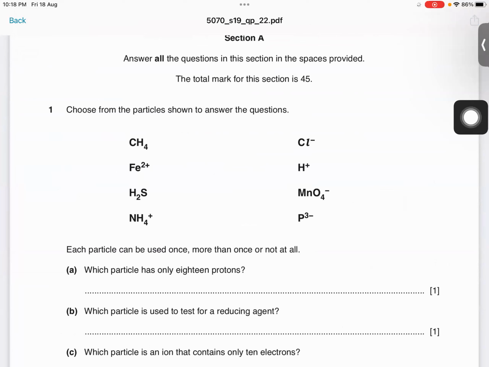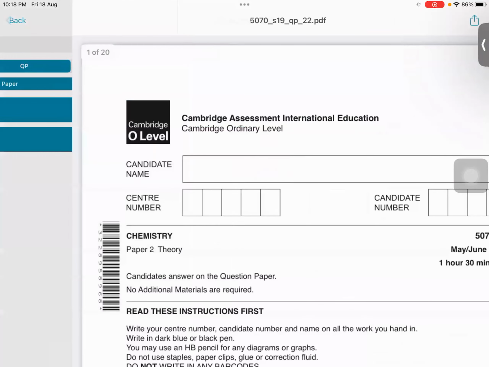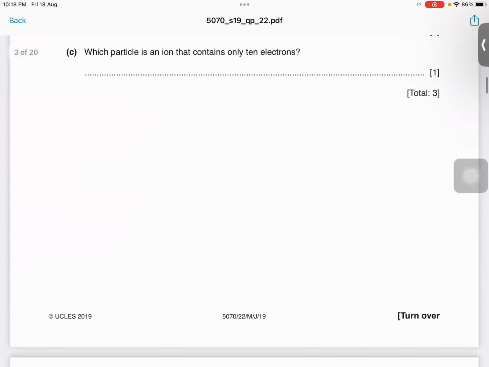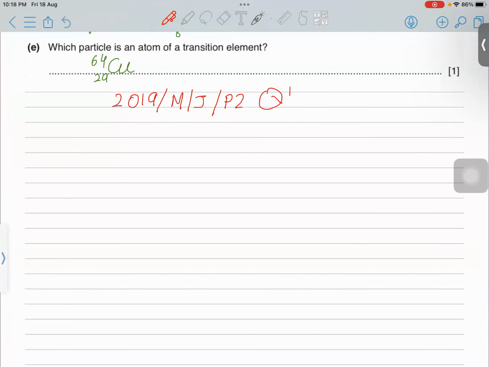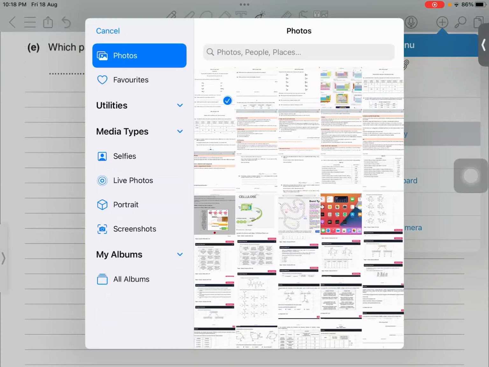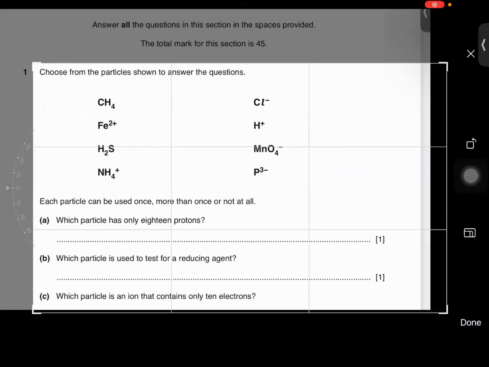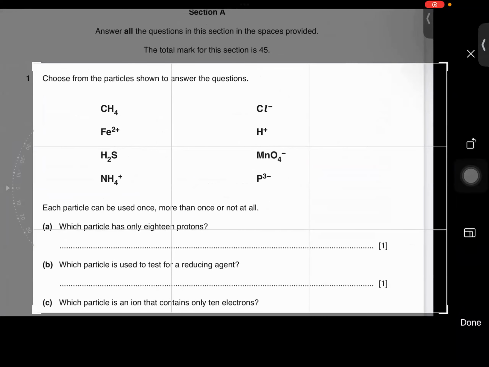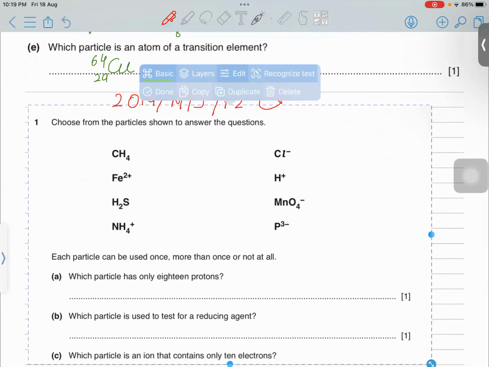Look at the question. This is your question. Yes, solve this sum.